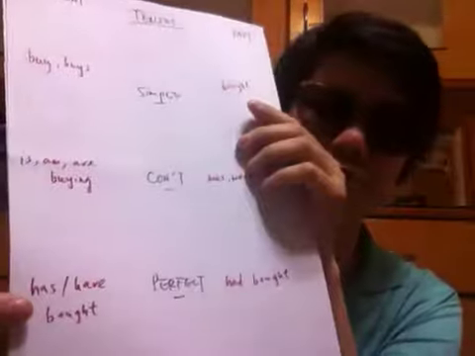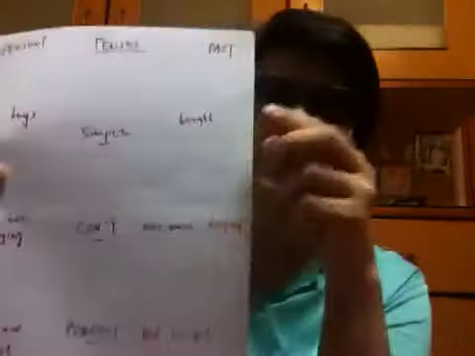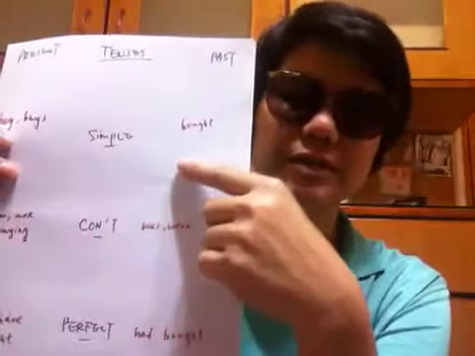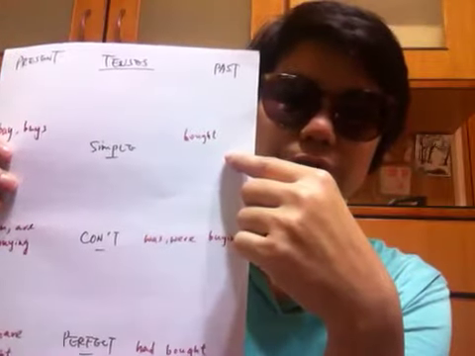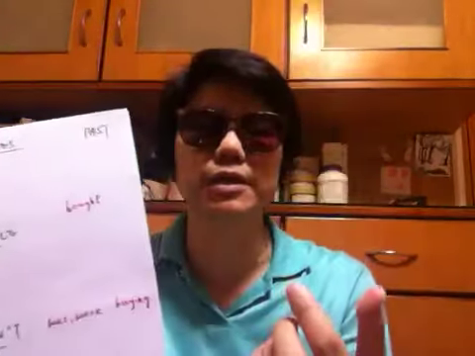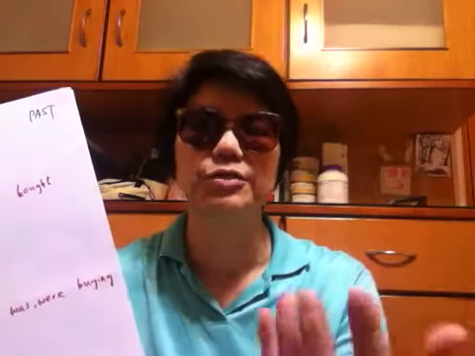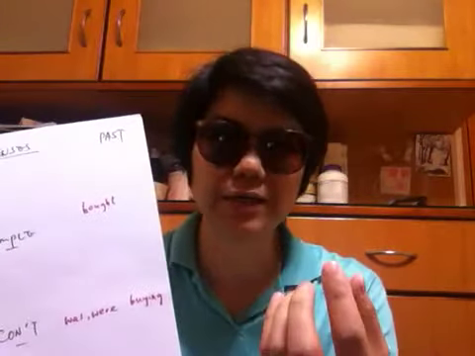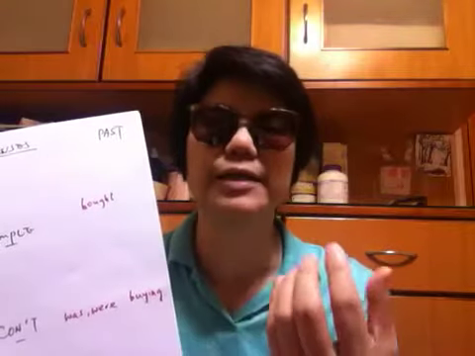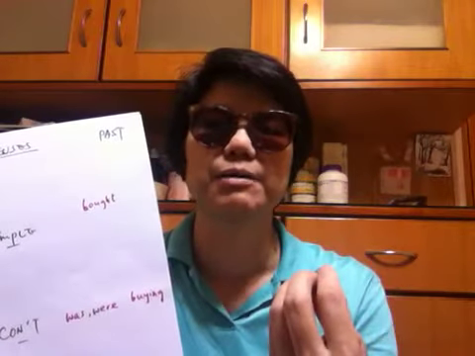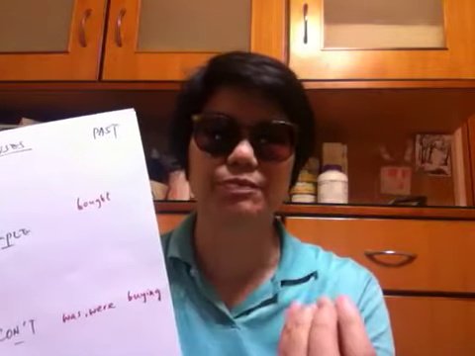If you can't manage it, just remember it is the third column of the verb list. And in the past tense, we have past simple tense, and that is bought. This is a coincidence that the past simple form of buy is the same as the past participle, bought.